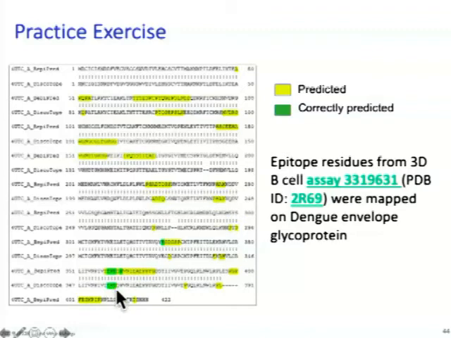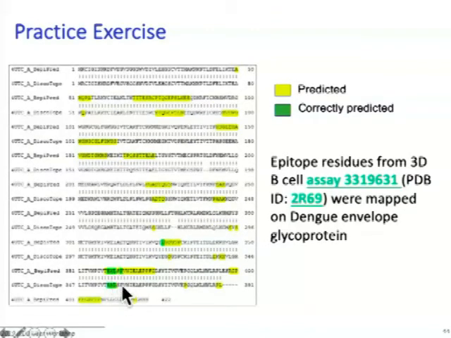And you can see that this is nicely overlapping with the region that both DiscoTope and BepiPred picked. But as I also showed you, DiscoTope has much fewer predictions, and they tend to overlap with the correct binding site, so that is encouraging.